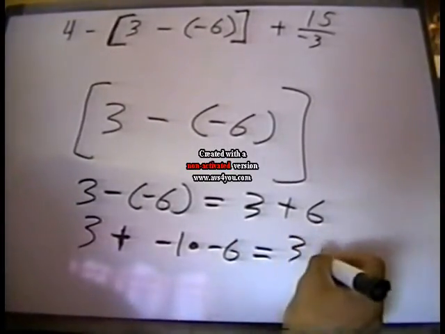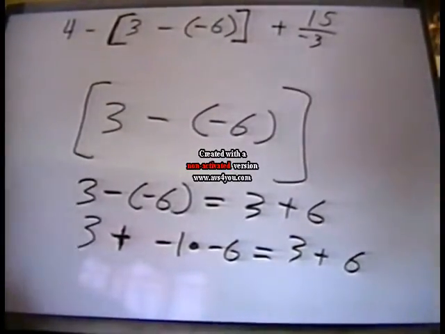I'm going to give you 3 plus 6. Okay? Either way, if you subtract the negative number, what you're really doing is you're adding it. Okay? So you're going to change that to 3 plus 6.